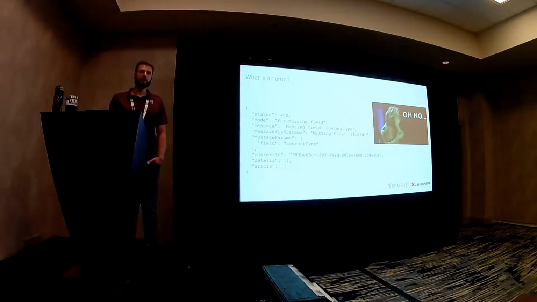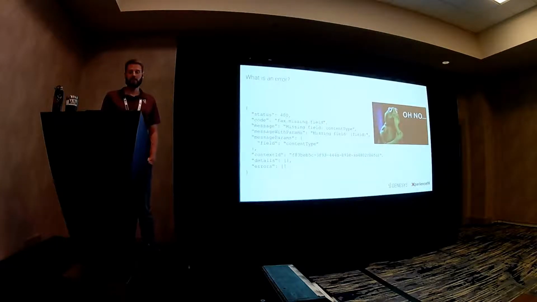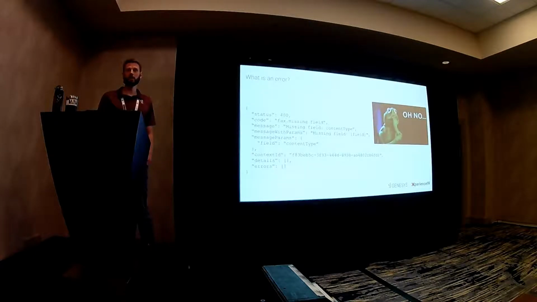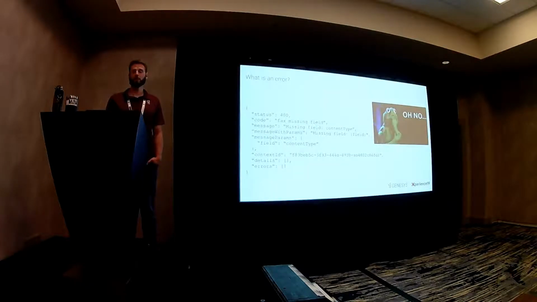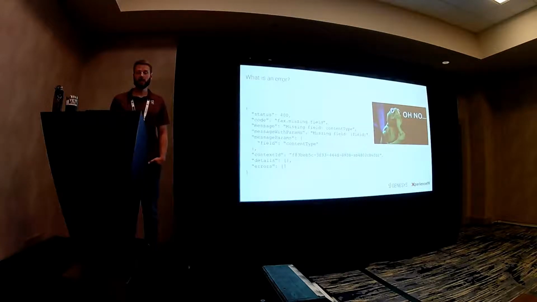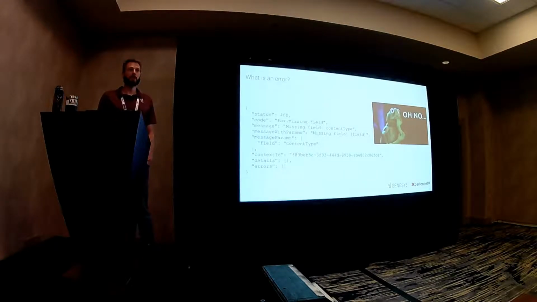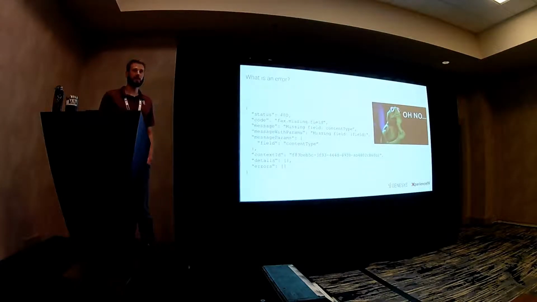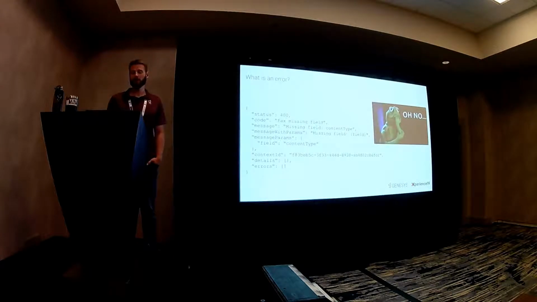The code part of this is just a string that tells you that, hey, this is a known error in PureCloud, that we detected some sort of condition, and so we are giving you a specific string. Those strings are documented on the APIs in the response documentation, so you can know what to expect for each API.